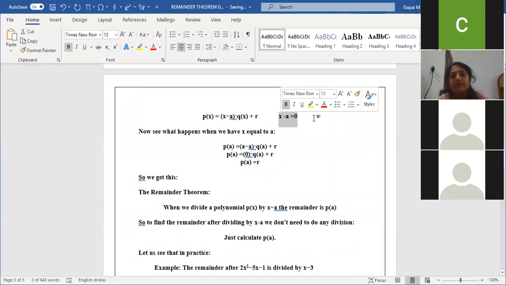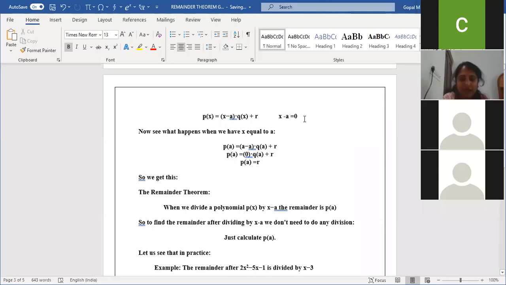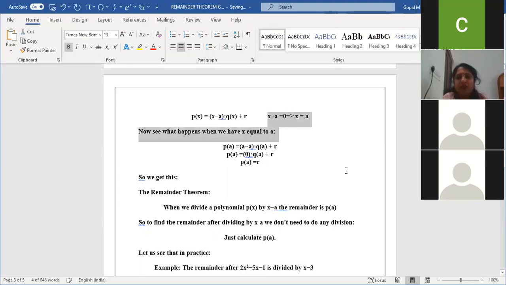Ma'am, a. Yes, very good. x is equal to a. You're equating the polynomial to 0, so the x value is a. Am I clear with this point?